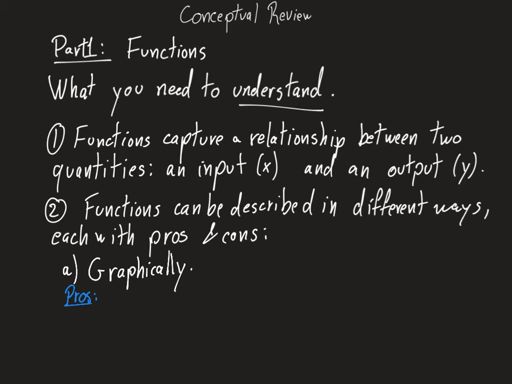Pros is that this is very visual. You can actually see what the function looks like. You can see whether it's going up or down at just a glance. You can see where the high points, where the low points of the function are. Humans are very, very visual in general, and so having some sort of visual representation of this information can be very, very useful.